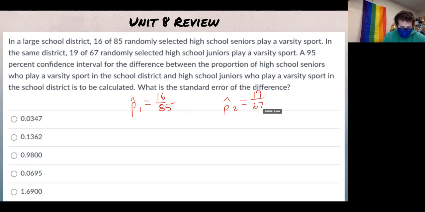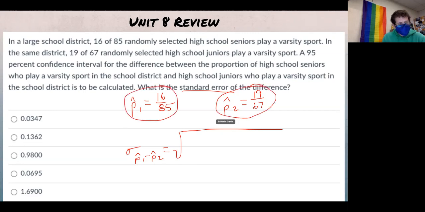The only thing they're asking for is the standard error, so the only thing we need to calculate is this general formula. And this is where it gets a little bit weird. If we're doing a difference of proportions, we keep these separate. If this is a 2-sample z test, then the assumption is that it comes from the same population, so we would pool it. But here we actually don't pool it for a 2-sample z interval.